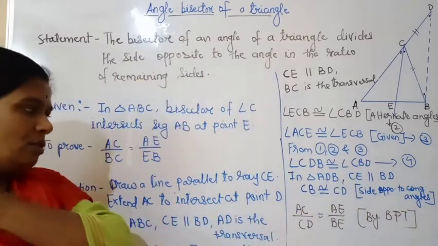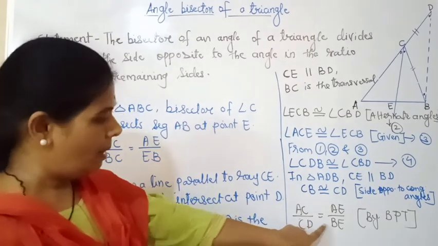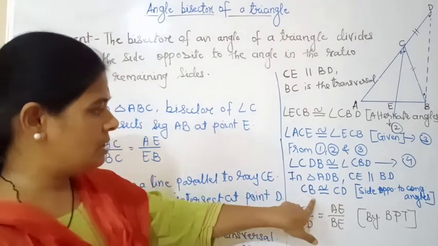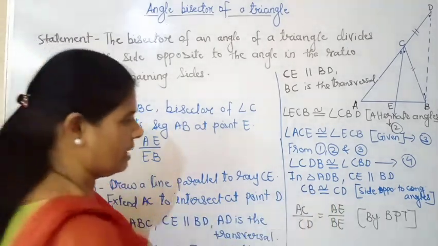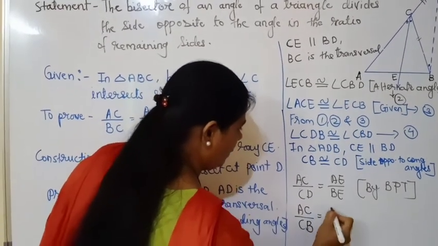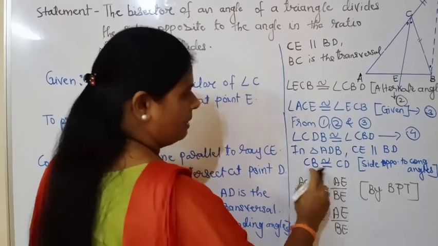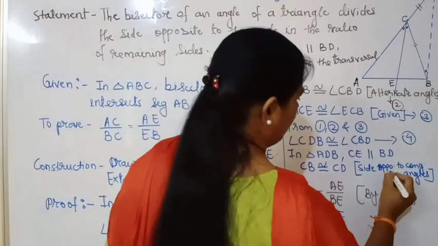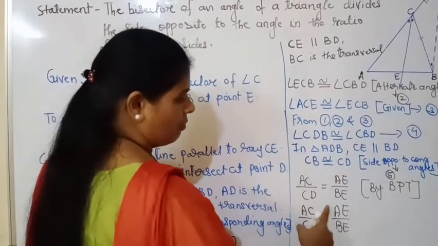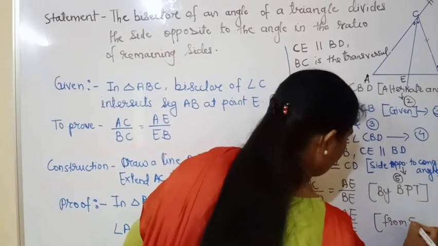Now, AC upon CD is equal to AE upon BE, but CD is congruent to CB, so instead of CD we can write CB or BC. So AC upon CB will be equal to AE upon BE. CB is congruent to CD, we can number it as number 5. And AC upon CB equal to AE upon BE, in bracket we can write, from 5.